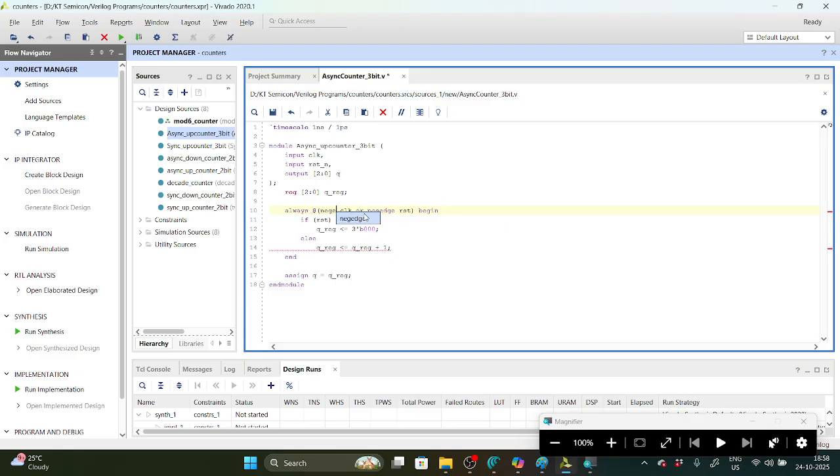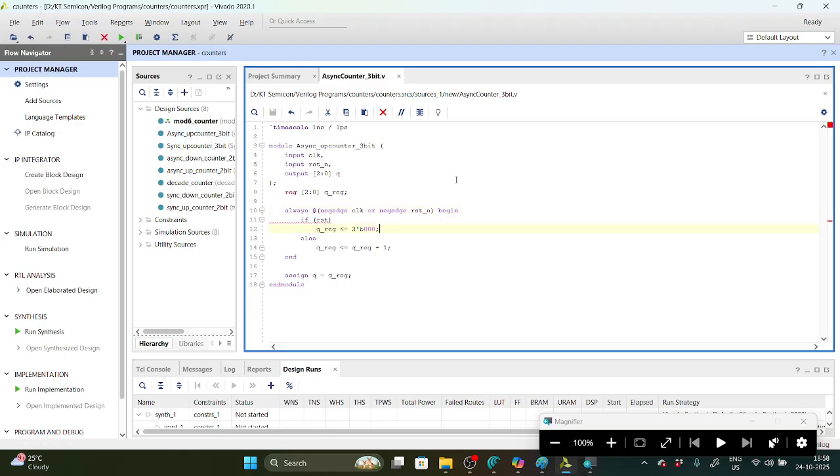Negate of reset, negate of clock, and here I'm using asynchronous active low reset. Always at the rate negate of clock and negate of reset underscore n.